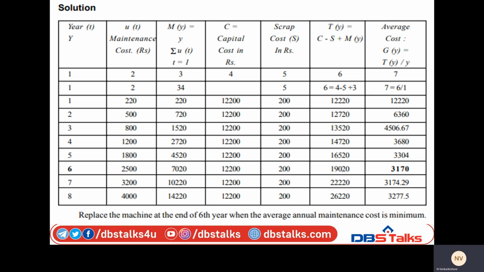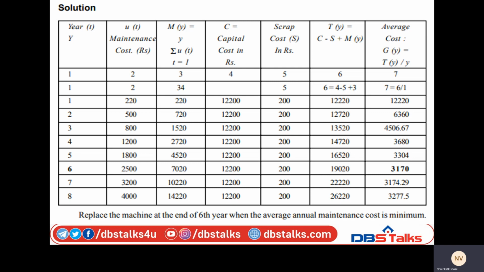In the seventh column, if you see, there is an increasing or decreasing value. It is 12,220. After that, it decreases to 6,360. Like that, the value is decreasing. At what stage does the value increase again? In the fourth year, 3680, fifth year, 3304, it was decreasing gradually.